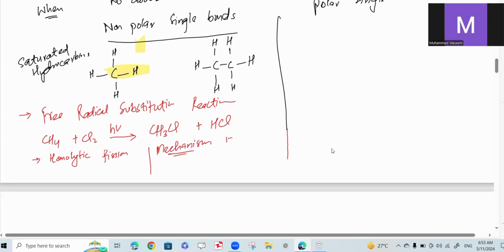One is free radical formation, second is propagation, third is termination. Sorry, the first step is initiation, in which free radicals are formed. The first step is initiation, second propagation, third termination.